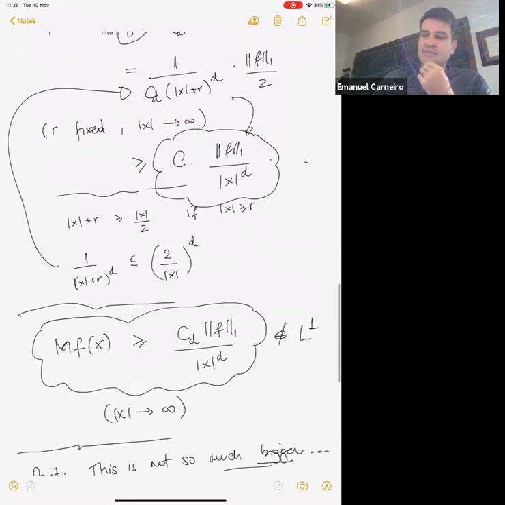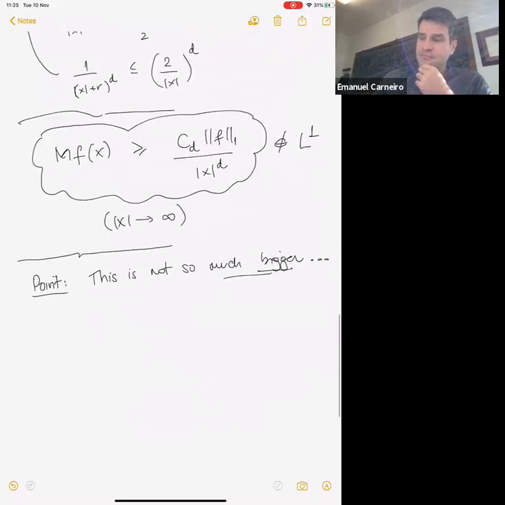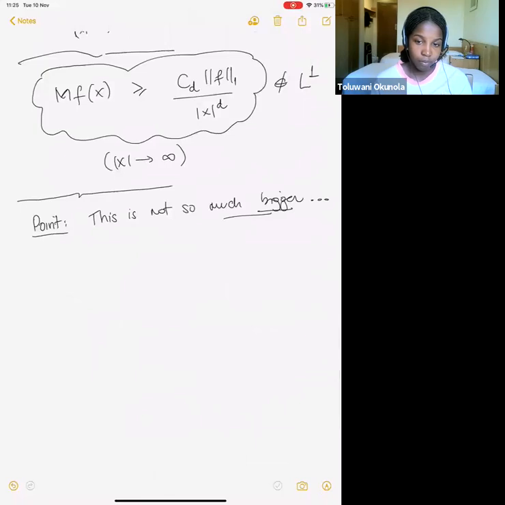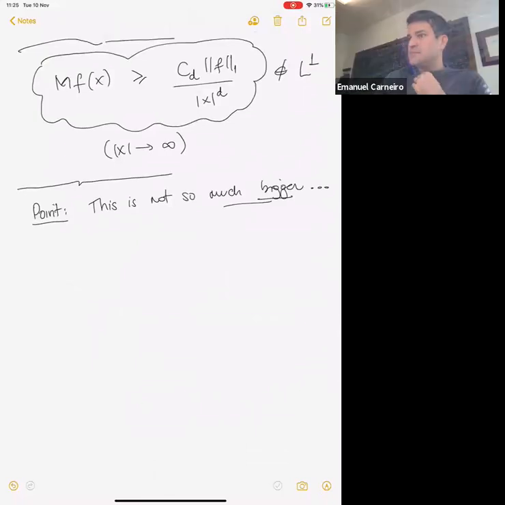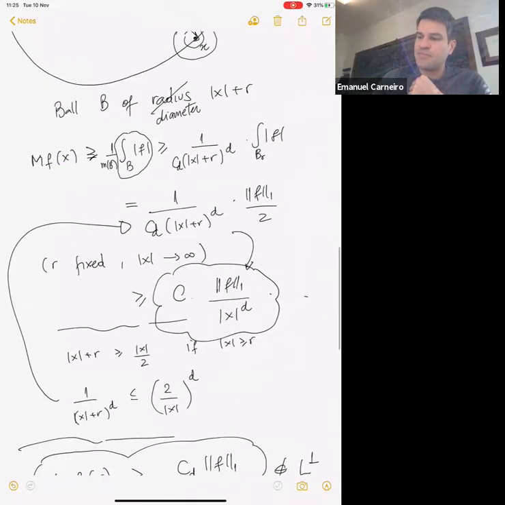C_d is just a dimensional constant. Here, I had some C_d that maybe depended on the volume of the unit sphere, you know, the volume of the unit ball.